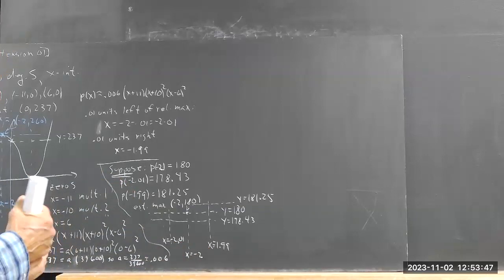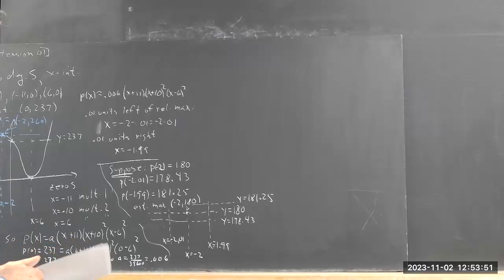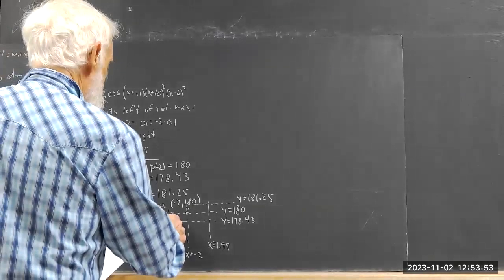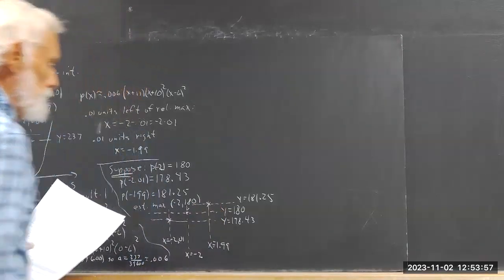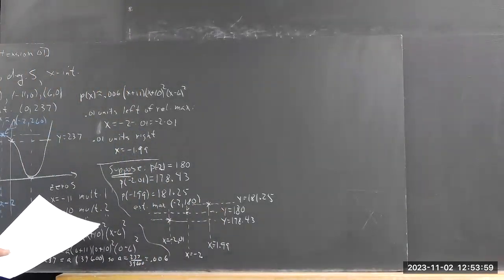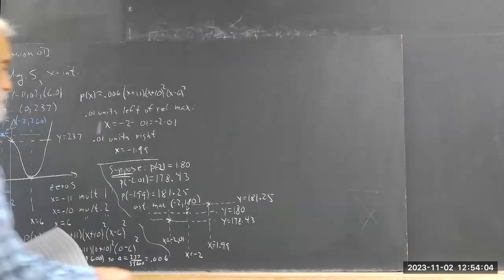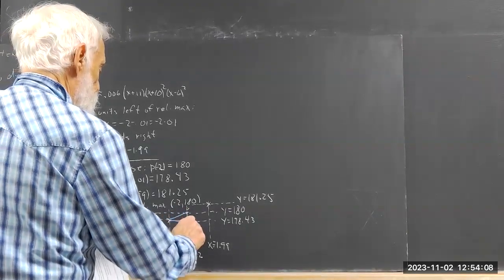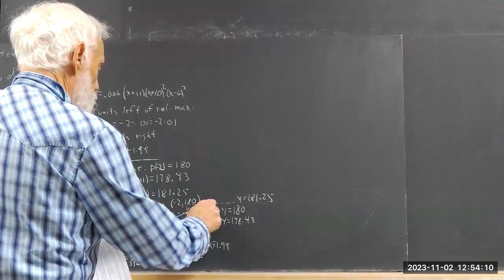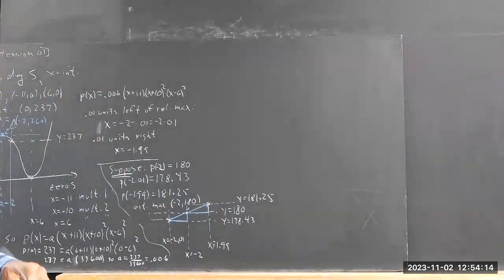So now we have three points. We can calculate the slopes. We could do a fundamental triangle here, and calculate a slope. We have all the coordinates we need.